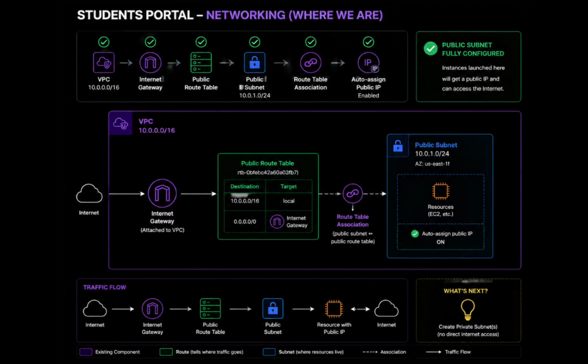That subnet is associated with the route table, and now it's configured to automatically assign public IP addresses. At this point, our public networking foundation is complete. If every subnet had internet access, our databases and Kubernetes worker nodes would be exposed to the public internet. That's exactly why we also need private subnets.